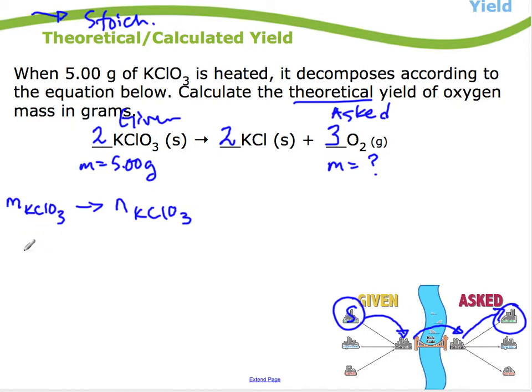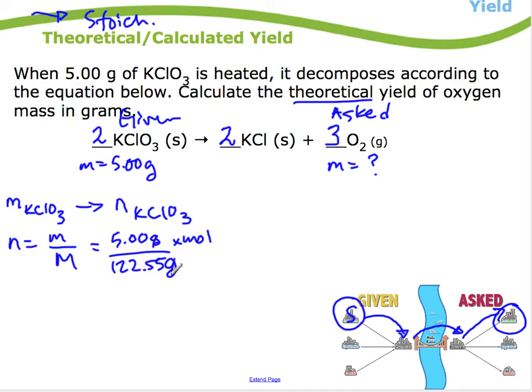My formula for figuring out moles is moles equals mass over molar mass. The mass is 5.00 grams. The molar mass I figured out is 122.55 grams per mole.